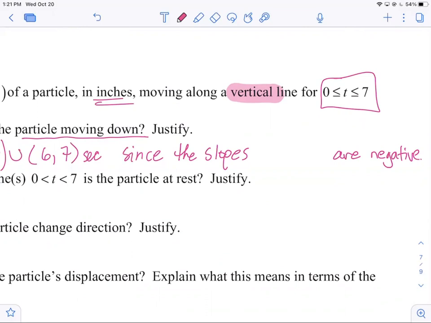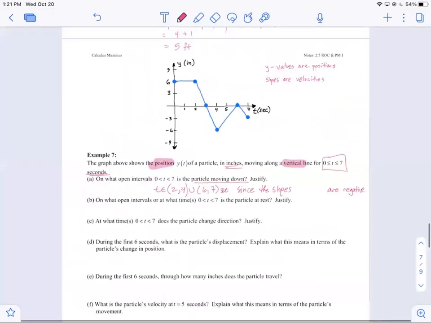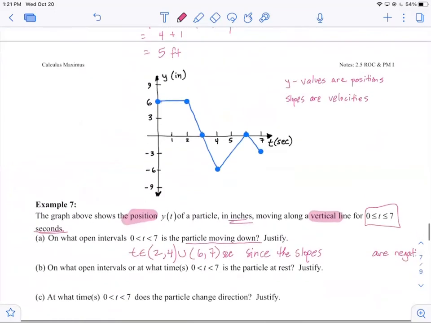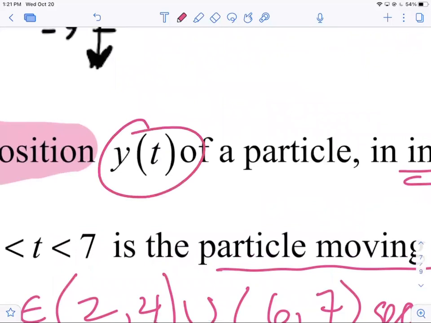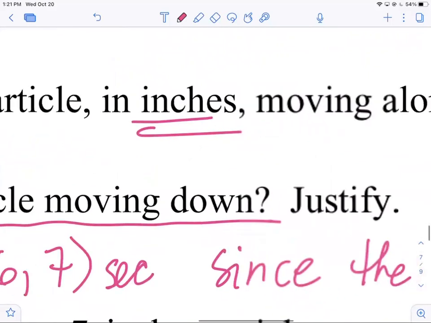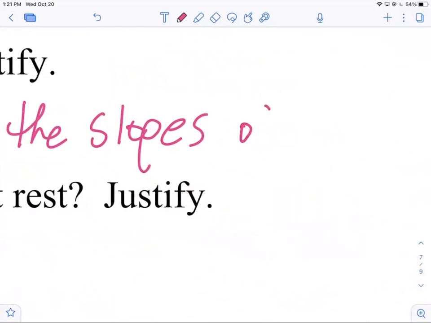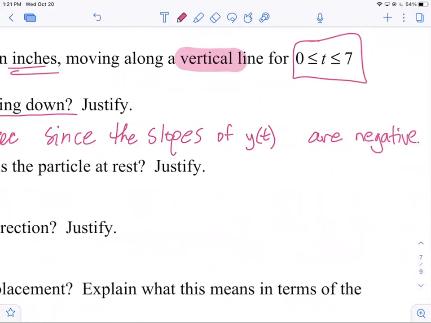The slopes at Heavenly Resort in Lake Tahoe? What are you talking about? The slopes of what? The slopes of what? What graph? Yeah, just say the slopes of y of t. Even if you said the graph, they're going to be like, what graph? The graph I gave you, the obvious choice right here, or some graph that is in France right now?